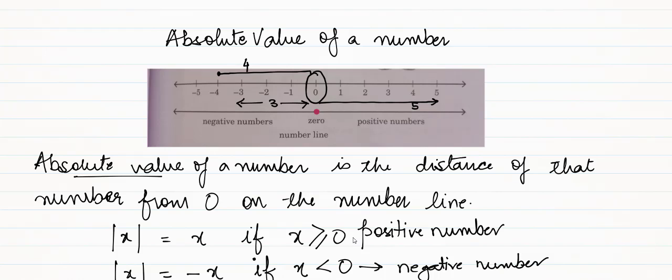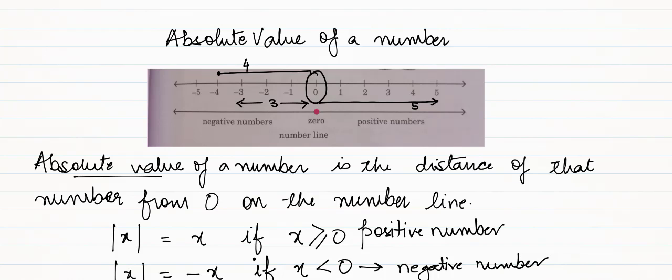So if your x is positive, keep your result as it is. And if your x is negative, then give one more minus sign. So in total, the negative of the number will come out to be plus 3. So the absolute value of a number is never a negative number. It is always a positive number.